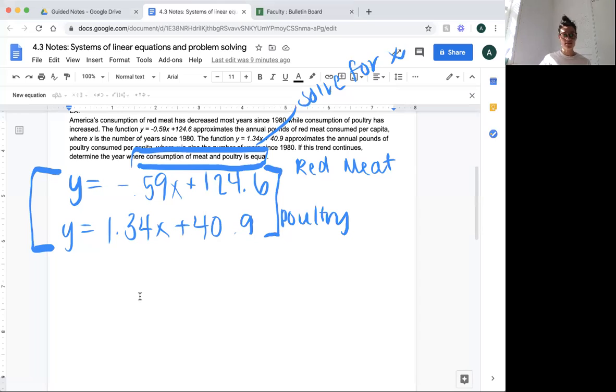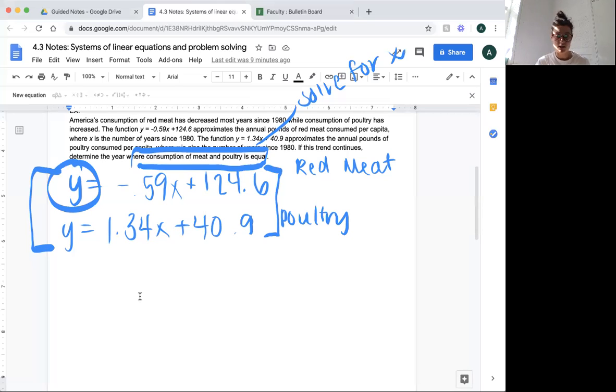Okay? This doesn't quite look like one of the systems we've been used to solving, but it is in fact a system, two related equations, right? And further, this system is set up super well for one of our two ways to solve, and that way is substitution, because we have an explicitly solved for variable. We know that y is equal to negative 0.59x plus 124.6.